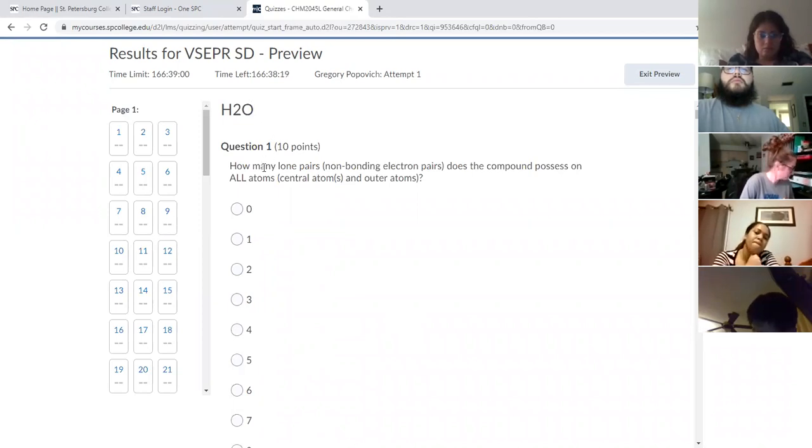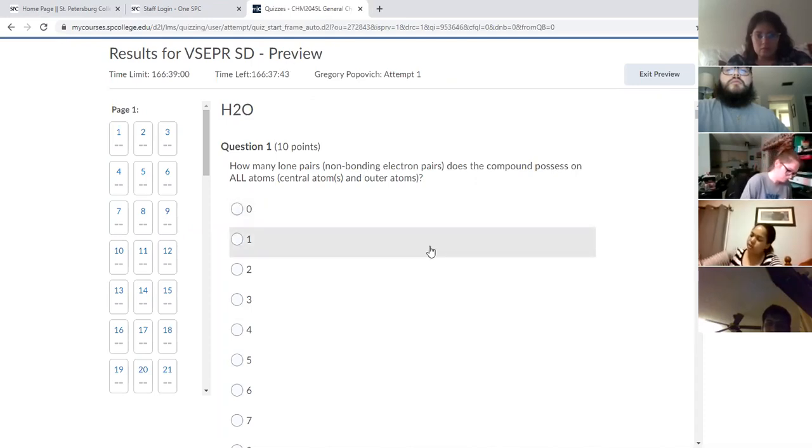It specifically asks you, how many lone pair non-bonding electrons does the compound possess on all atoms? Sometimes they will ask how many lone pairs on the center atom. Be careful to answer the question that it asks. So first thing, draw the Lewis dot structure. Second thing, first question, you're going to count all the lone pair electrons, all the pairs of electrons that are not involved in bonding.